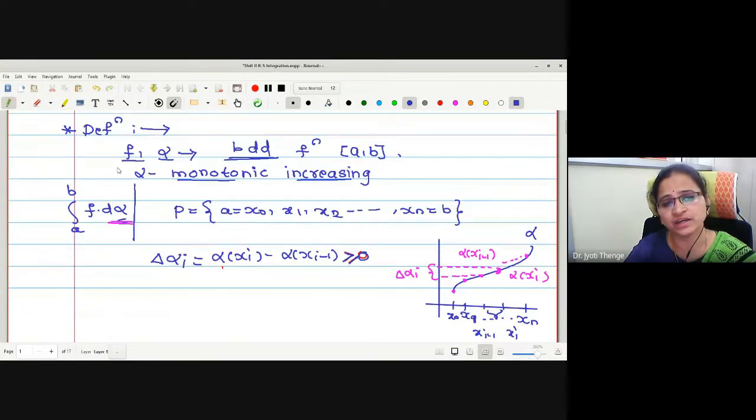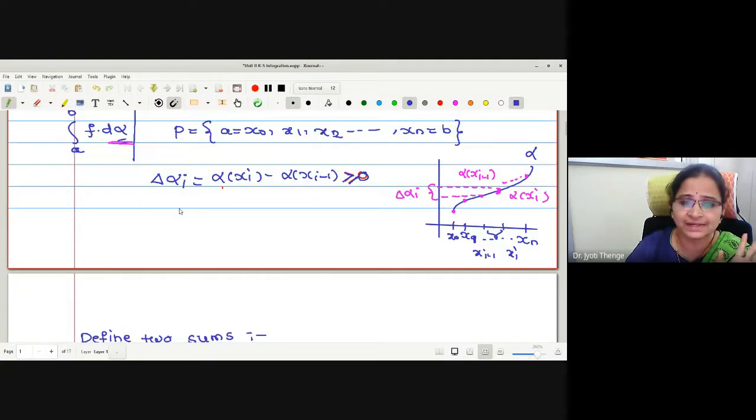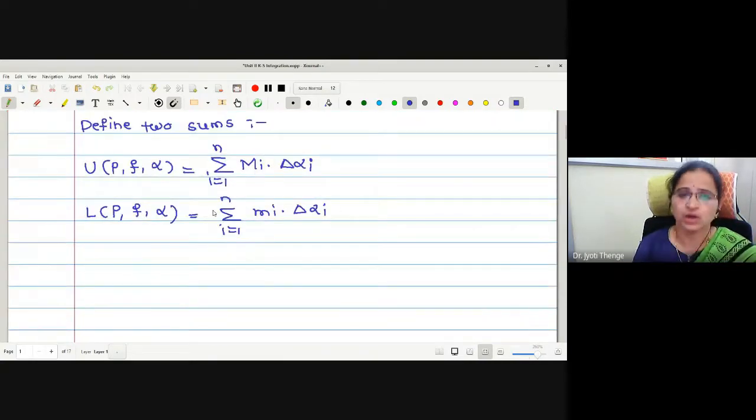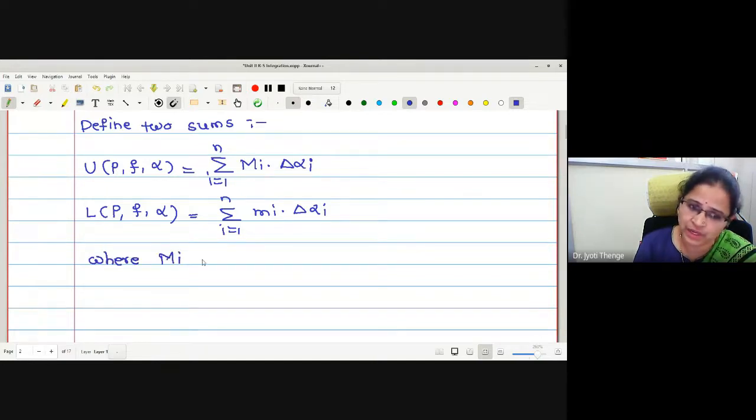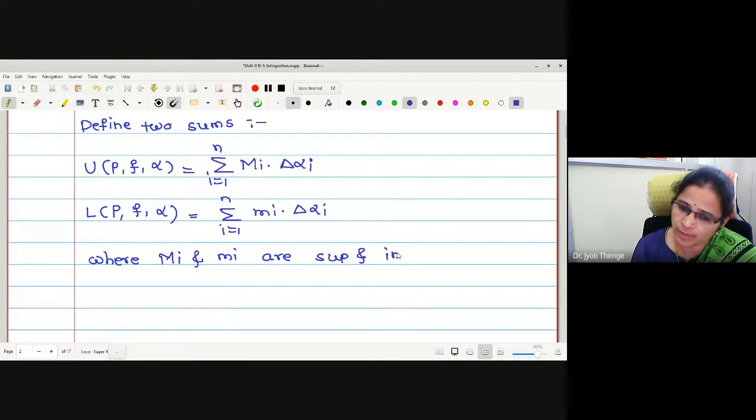As we are finding the integration of function f with respect to the other function alpha, we use delta alpha, and these are the two sums defined. The rest is the same: capital Mi and small mi are the supremum and infimum of f on the ith subinterval respectively.